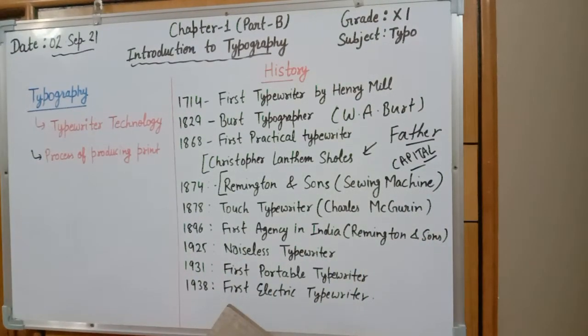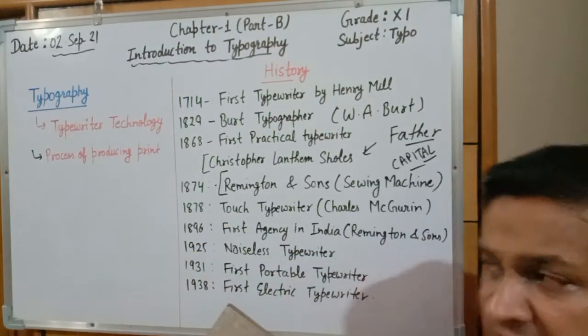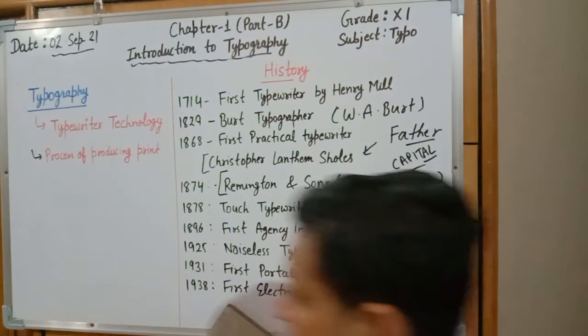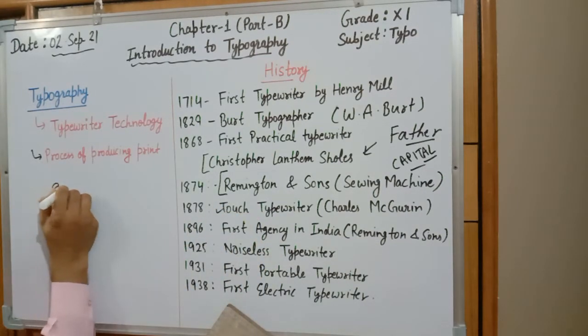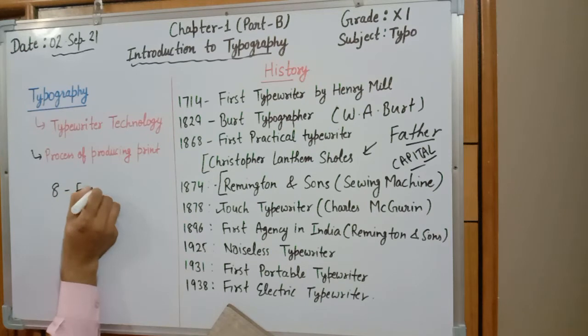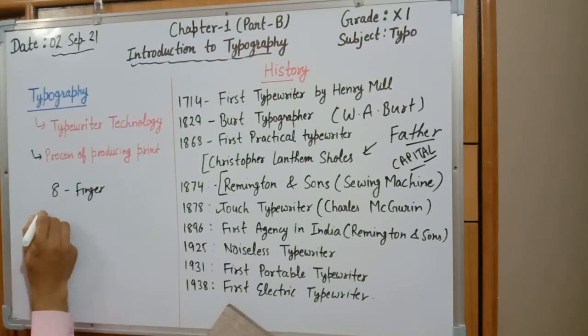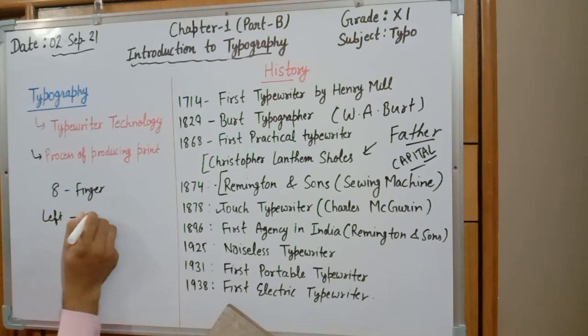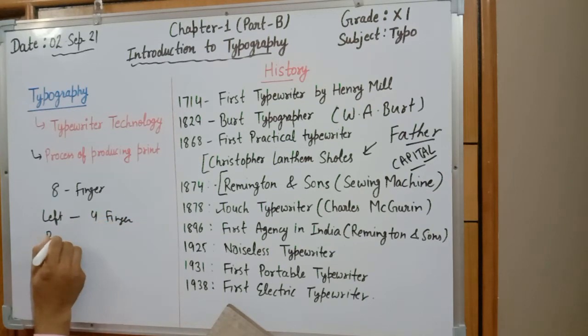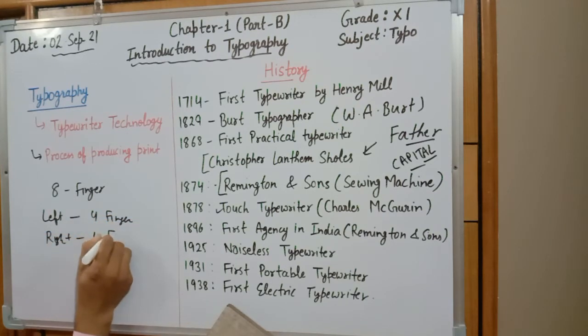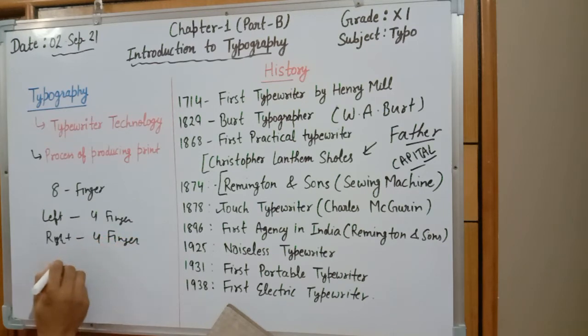Afterward, 1878 was the year when a new technique for typing launched. The technique name was touch typing or touch typewriter. It is also known as the 8-finger typewriting method, in which the left hand 4 fingers, the right hand 4 fingers, and thumbs were used for the spacebar.